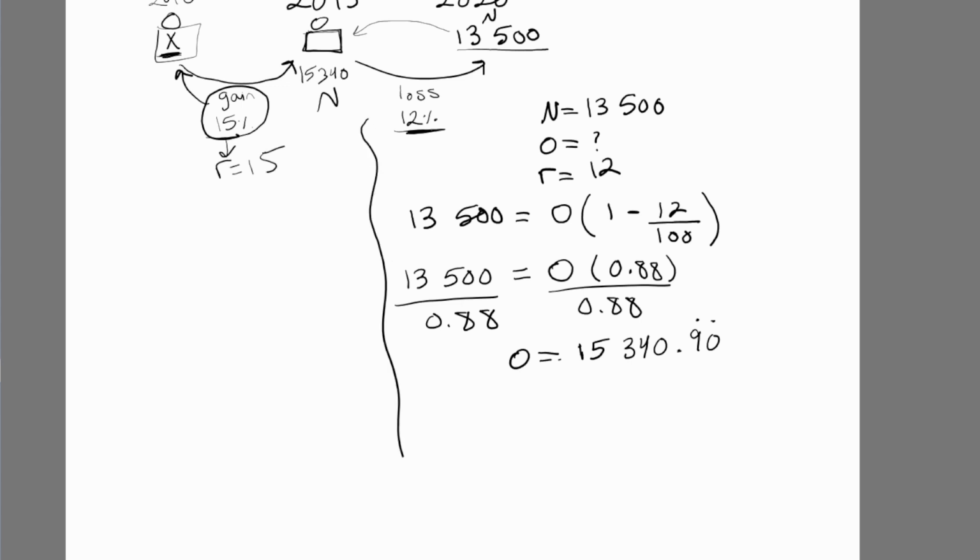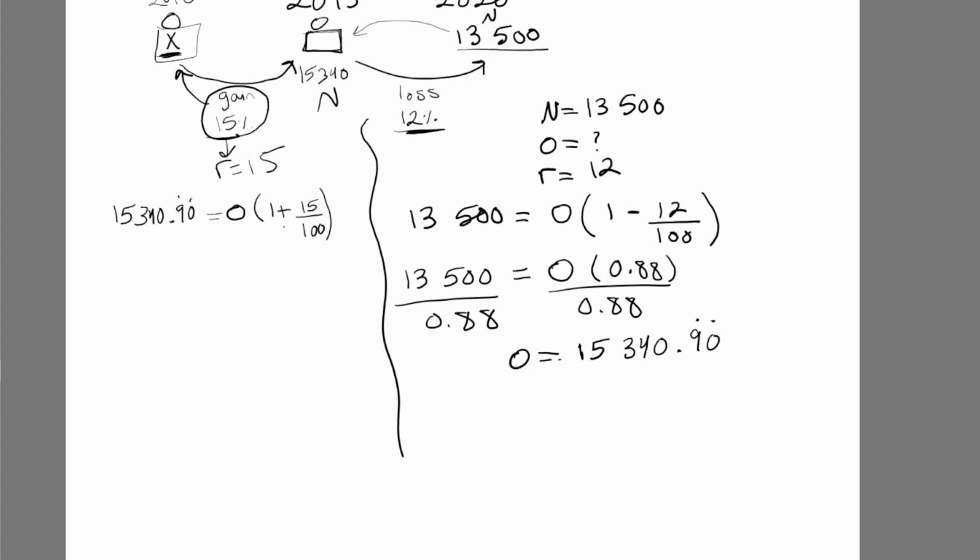So we're going to go ahead and solve this now. 15,340.90 recurring is equal to the old price multiplied by 1 plus 15 over 100.